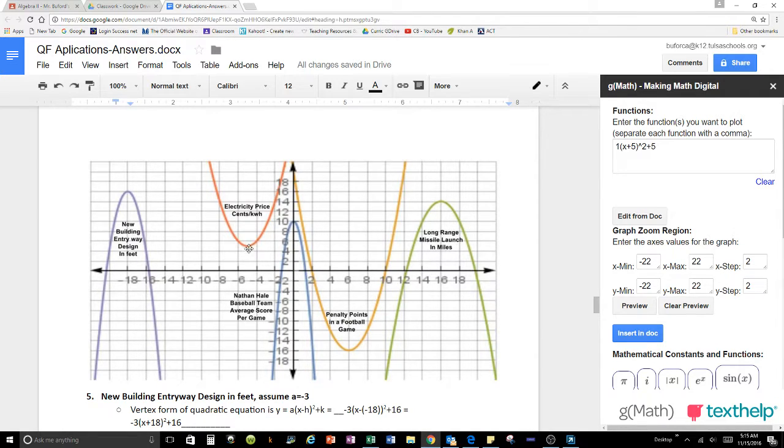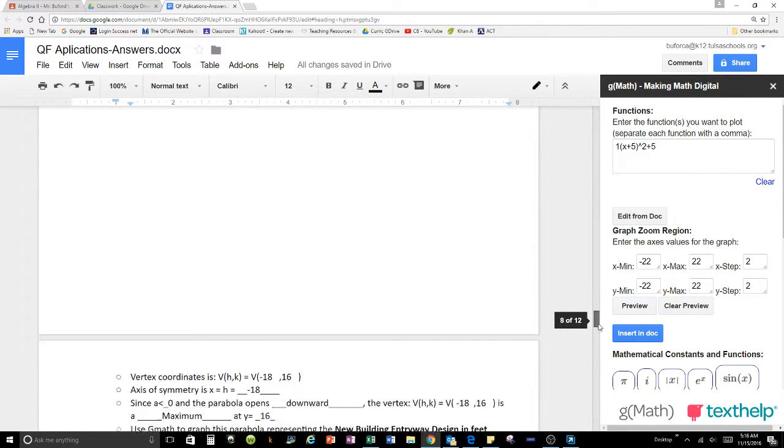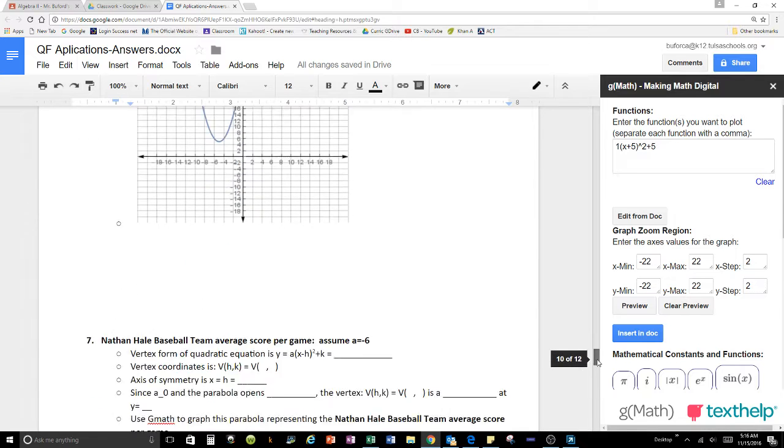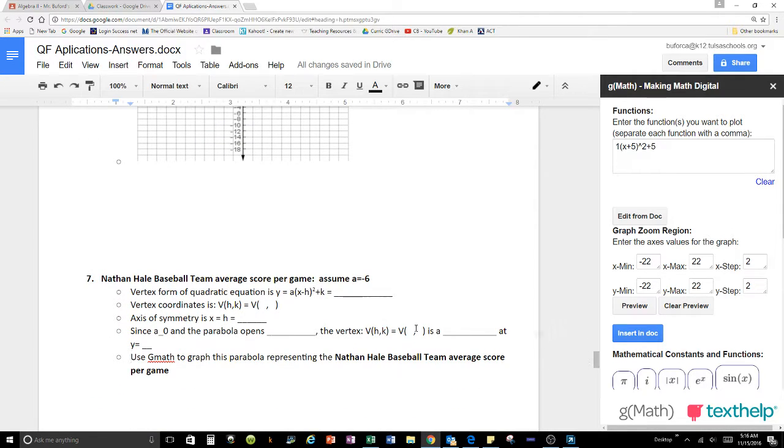When we were here, the value of x was -5, and the value of y was 5, which was k. So let's go plug and chug that into our equation for Nathan Hale baseball team when we're modeling it.